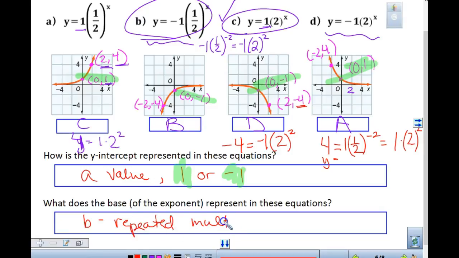And when we're thinking of that repeated multiplication, in our case, we were either doubling it, taking it times 2, or it was getting smaller, and we were taking it times a half. So when you look at B, as you go to the right, it gets smaller and smaller, as does D. It starts really large and it gets smaller and smaller. That's because of what we were multiplying by.